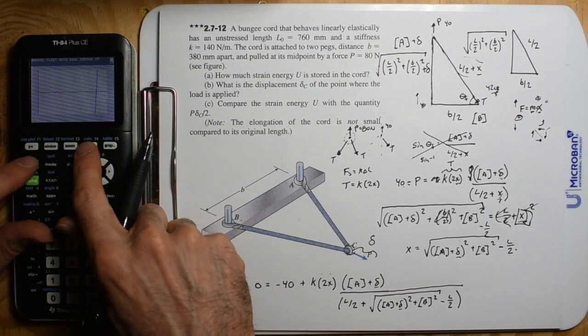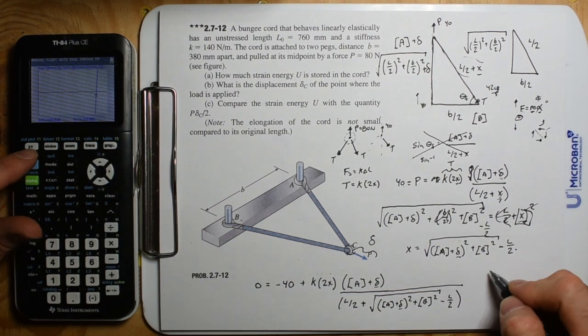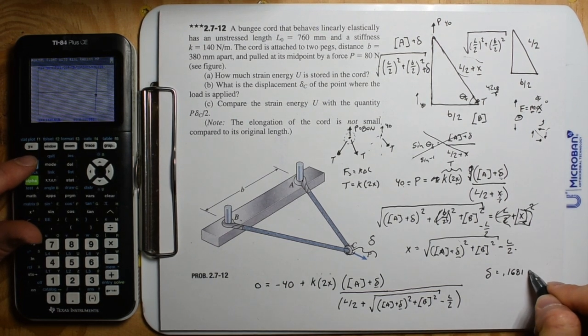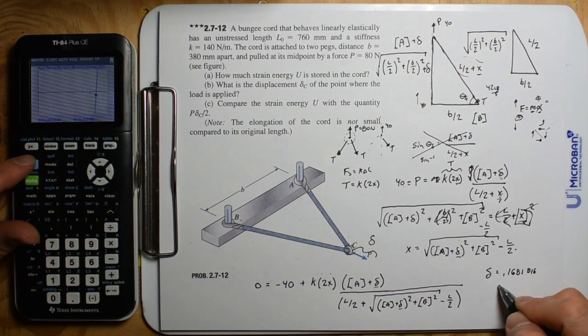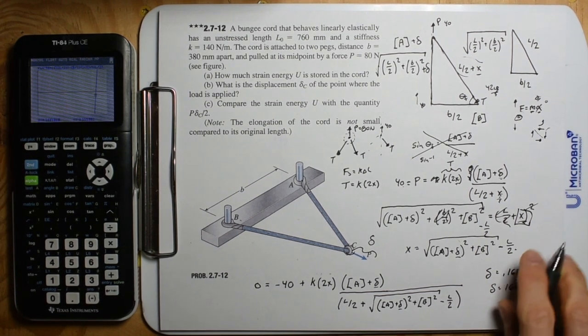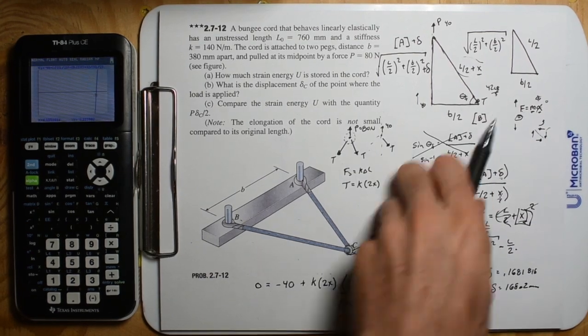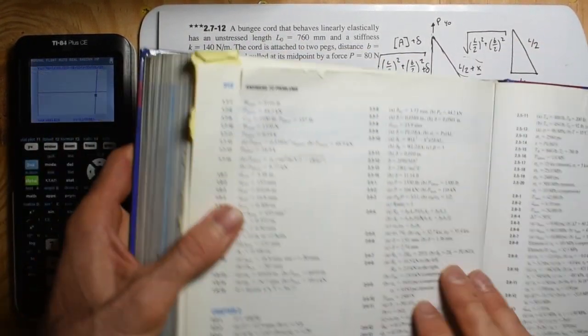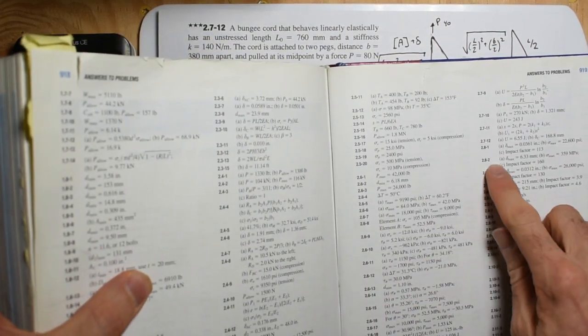There's the graph, and we can trace it out. There's the point. So the delta was 0.168, 1818, and that's a delta of 168.2 millimeters. And just so we know we're on the same page, 2.712.